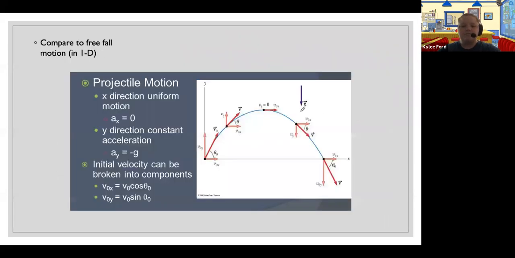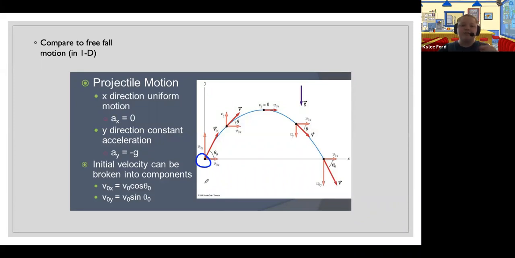So first, I wanted to give you guys again the idea of projectile motion. Say we have some ball that's kicked up into the air. We will take our beginning position as y equals 0 and x equals 0.